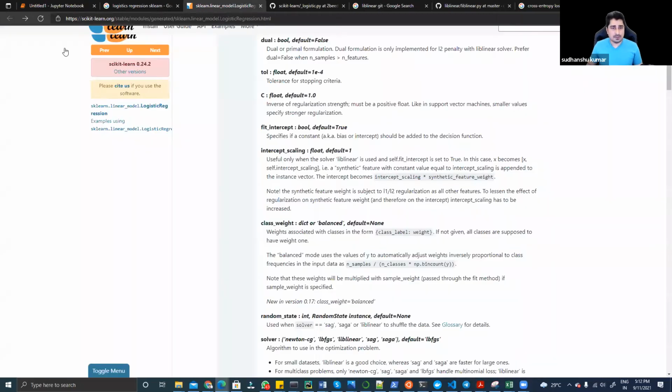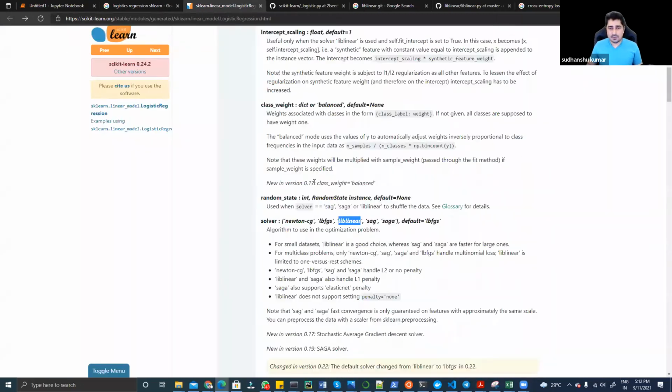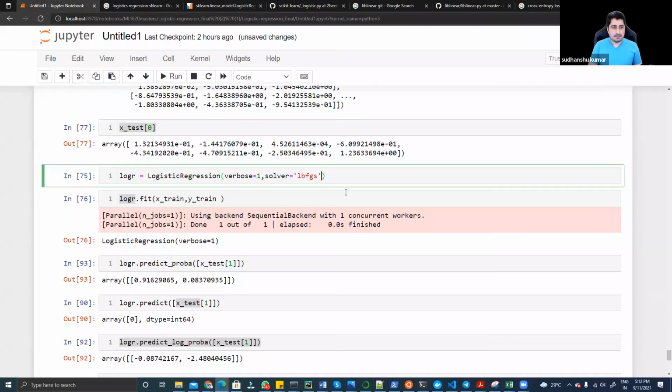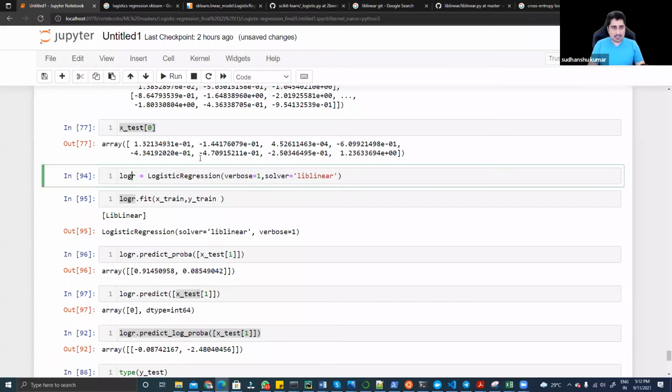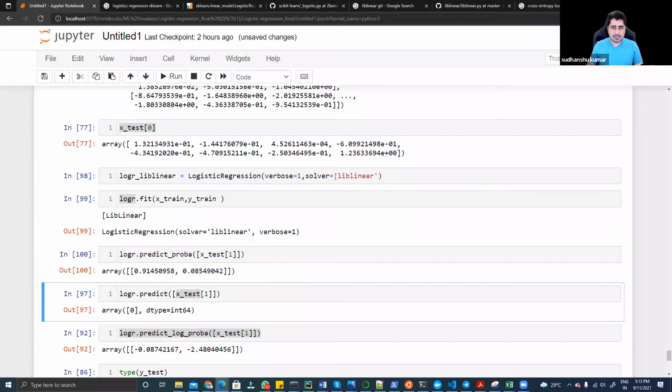So this is a solver I'm going to use. Can I say that liblinear is also giving me the same result? Maybe I can try to build two different models here. So this one is liblinear, and just fit it.